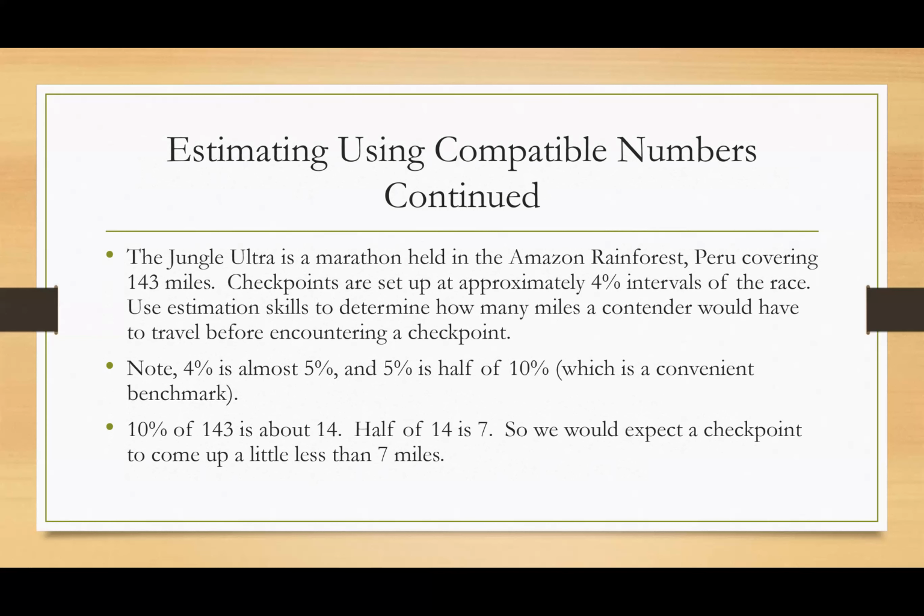Half of 14 is 7, because remember, 5% is half of 10%. But remember, the checkpoints are only at 4% intervals, which means we would expect a checkpoint to come up a little less than every 7 miles.